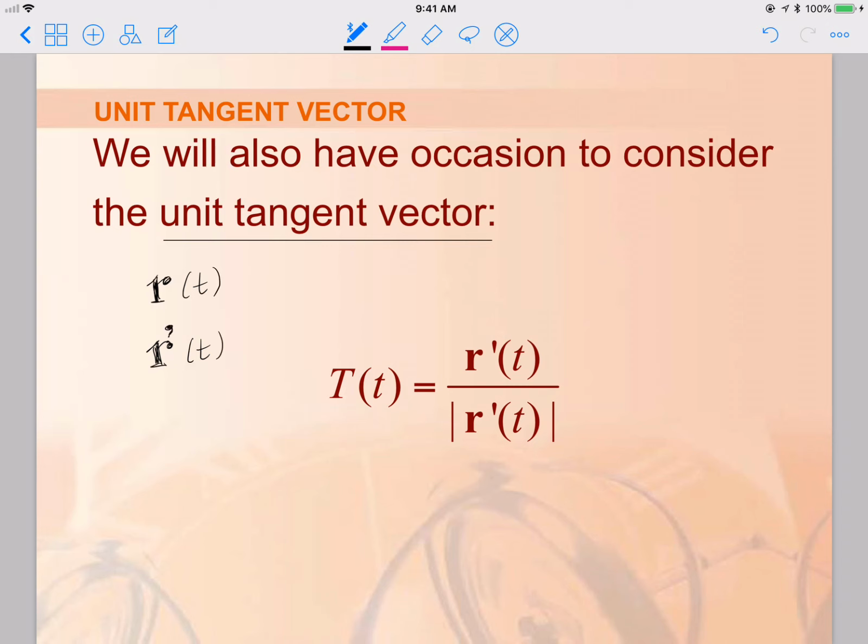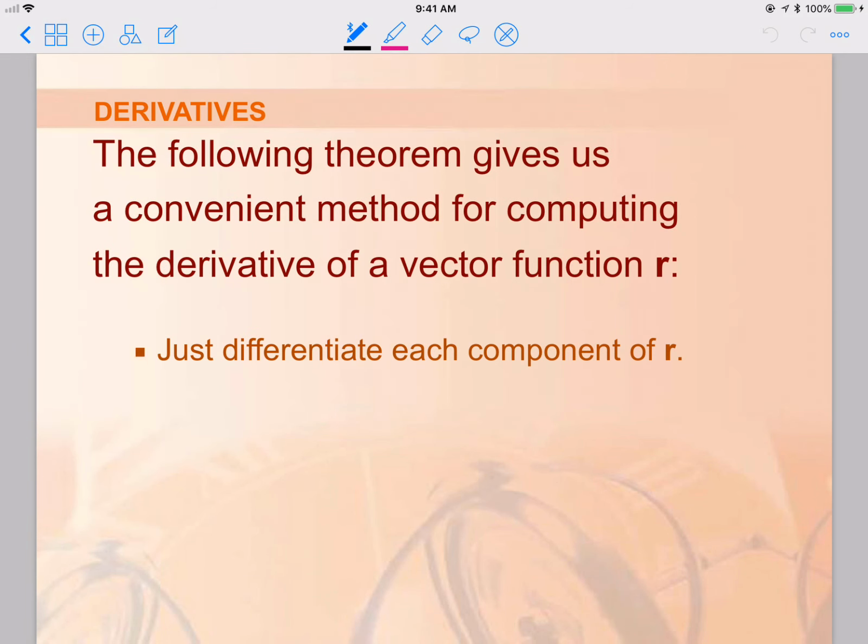But now, if you want to consider the unit tangent function, then we have to normalize this derivative vector function. And the way to do that is to scale it. So you are scaling by a factor of 1 over the norm of that derivative. So this is a scalar, remember? And so you're scaling by this factor, and the result is a unit tangent vector.